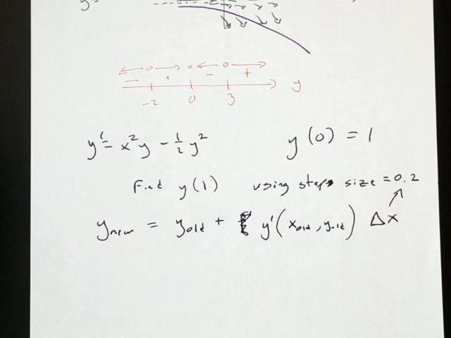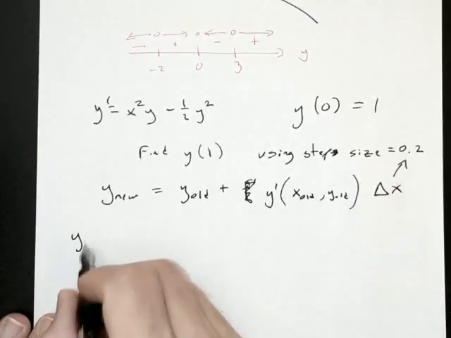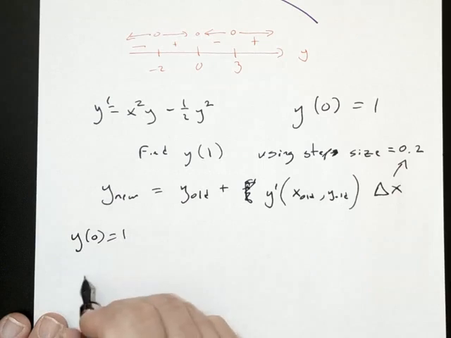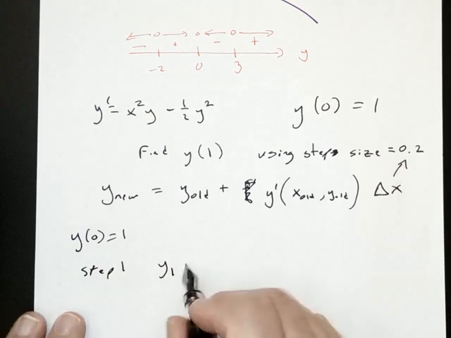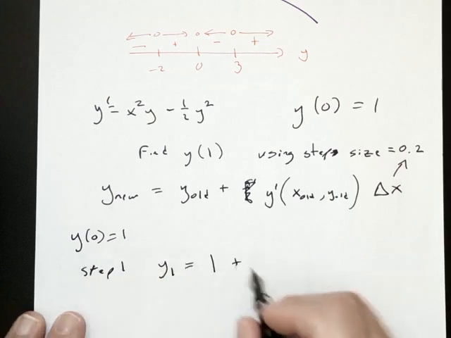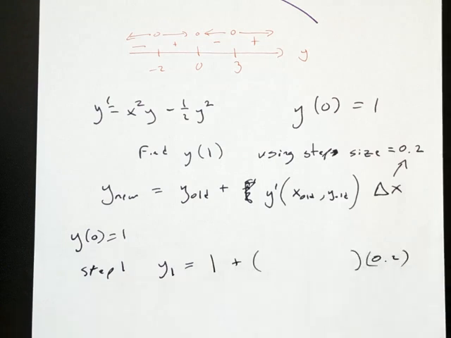The new y value, I use my linear approximation. I take the y where I am, find the slope, multiply the slope by change in x. Change in x is my step size. So I start at 0, 1. My next one, the new y value, is the old y value plus slope times 0.2.